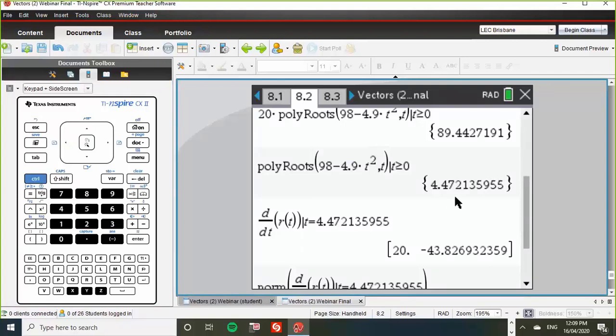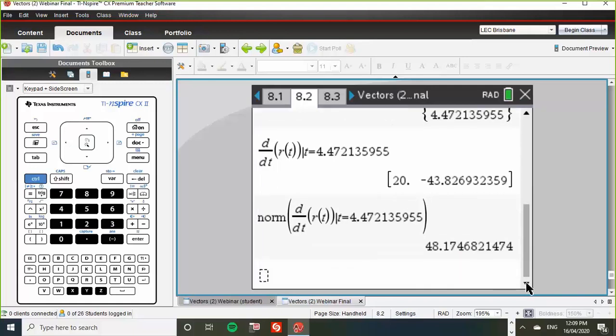This is our magic value. So we substitute that in, and that's our velocity vector. And then to work out the magnitude of the velocity vector, that gives you the speed. So we can see there that the projectile hits the ground with a speed of 48.2, correct to 1 decimal place, meters per second.